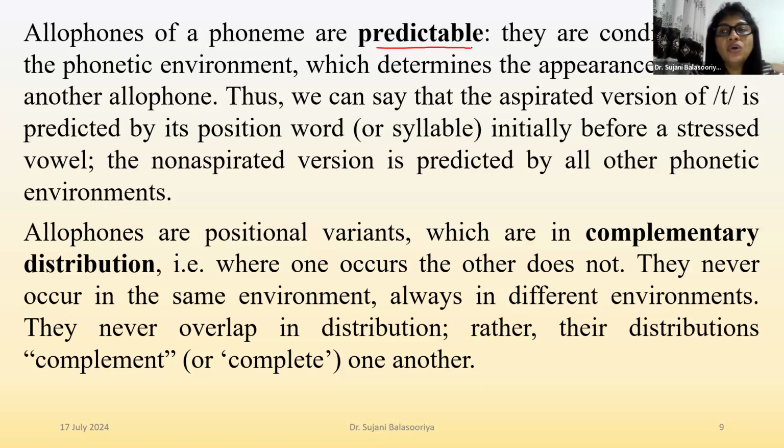We know usually aspirated t is coming initially before a stressed vowel. When there is a vowel in front of that, the aspirated t can occur. Whereas non-aspirated t can occur in all the other phonetic environments, not in front of a vowel.